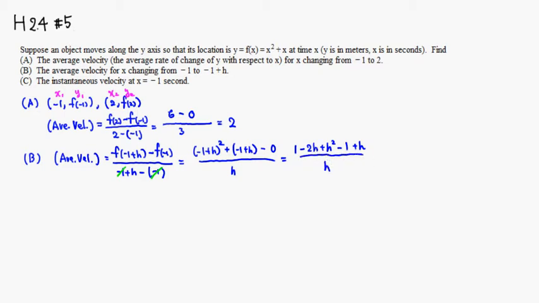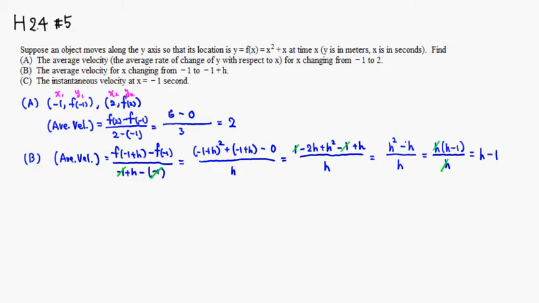We can cancel the +1 and -1 there and combine those together. We get -2h plus h would be -h, and there's an h squared over h. We can factor out h from the top, so h times h minus 1, then divide by h. We can cancel h and h, and we get h minus 1.